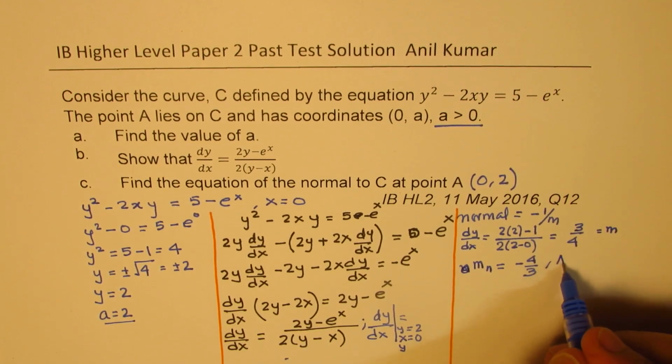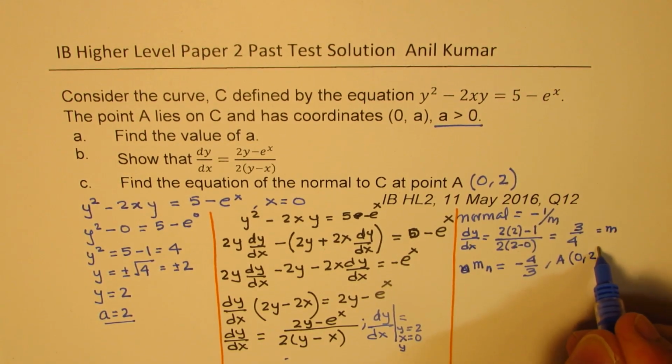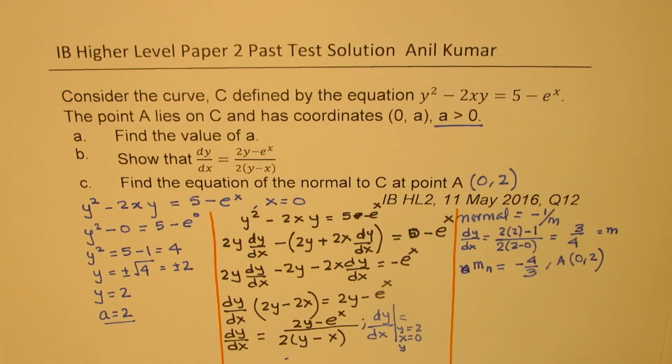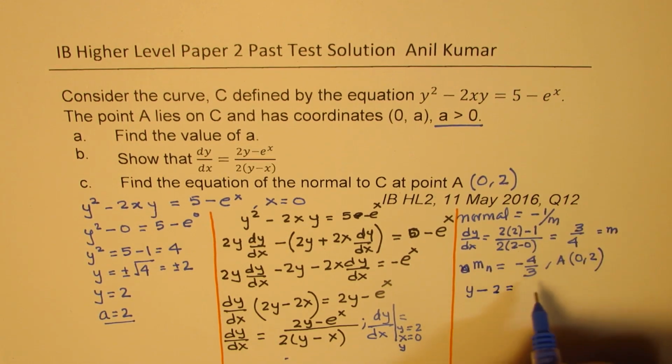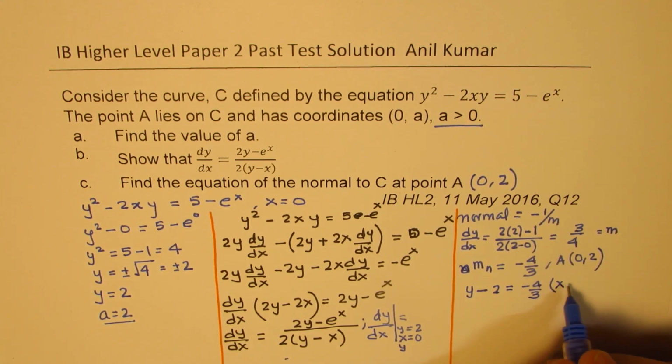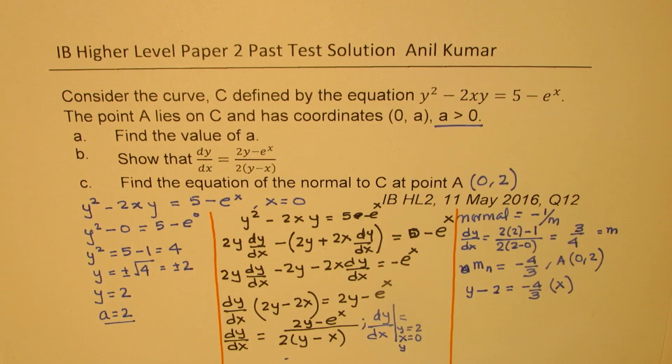And the point we're talking about is (0, 2). So the equation of the normal will be y minus y1, which is 2, equals minus 4 over 3 times (x minus 0). So you can write it in standard form.